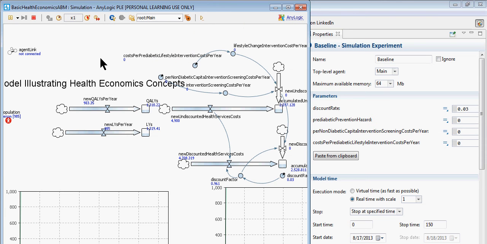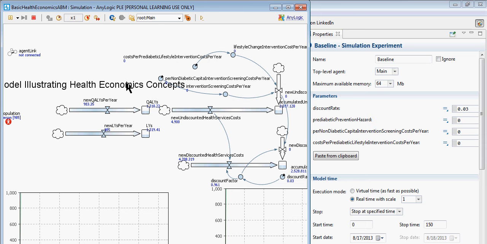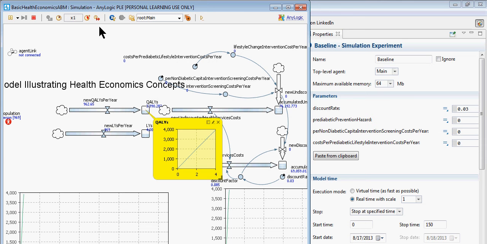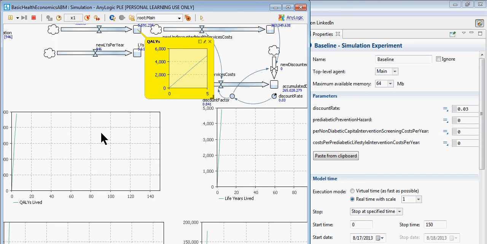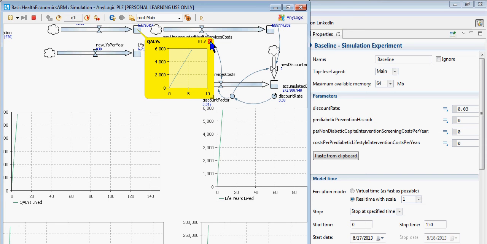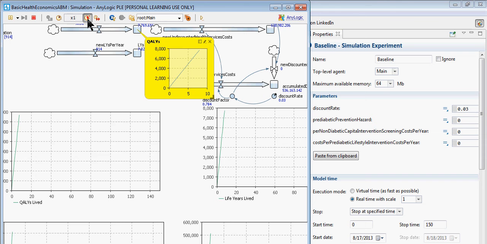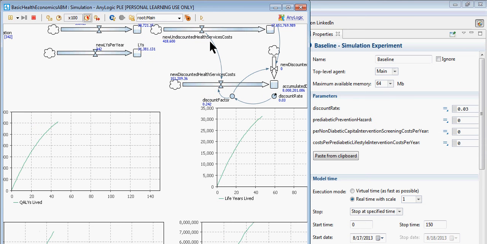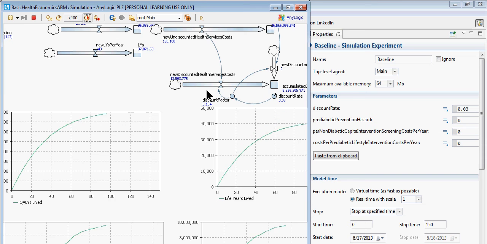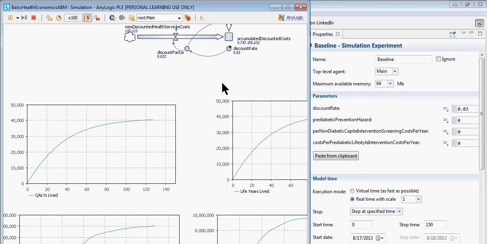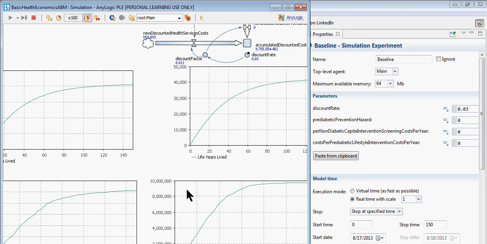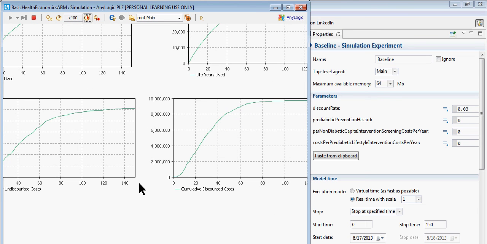In short, ladies and gentlemen, and I'm not going to belabor this more because time is of the essence, these quantities represent summaries of what's going on at an individual level. They're computing basic health economics quantities like accumulated quality adjusted life years lived or costs spent, either discounted or undiscounted.